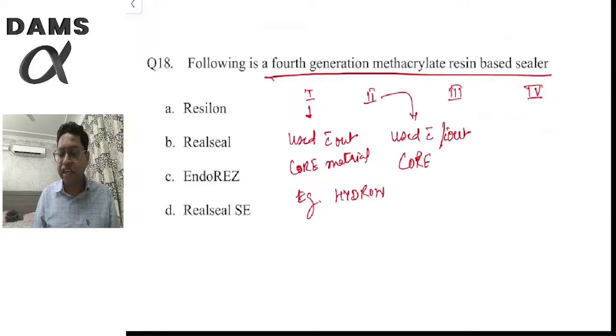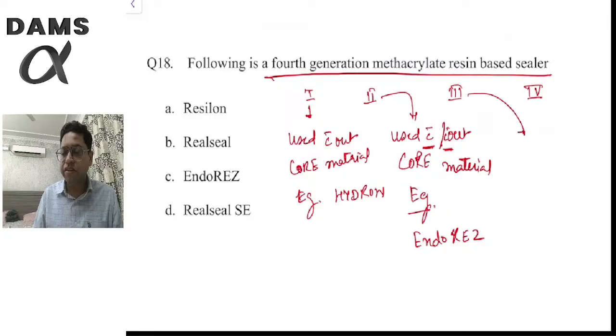The second generation can be used either with or without a core material. The choice depends upon the clinician. An example of this sealer, that is methacrylate resin based and categorized under second generation, is EndoREZ.